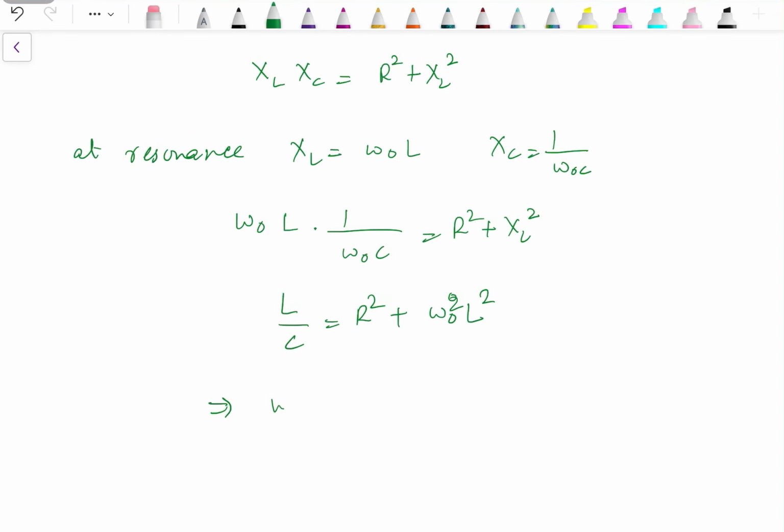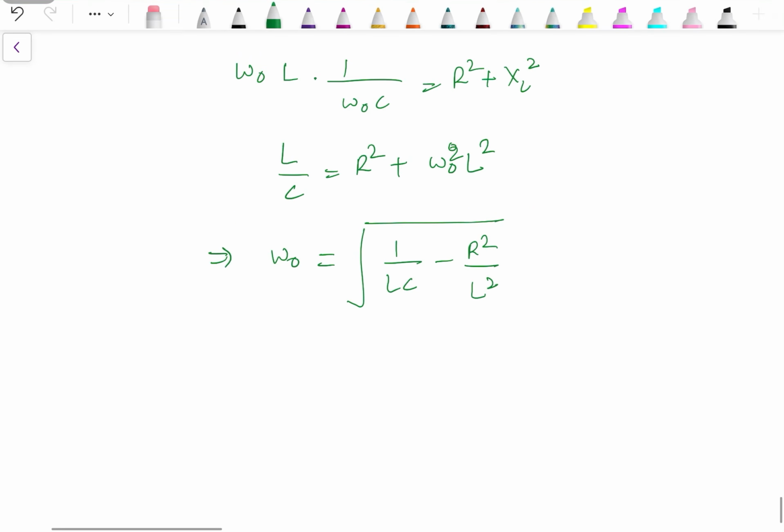So from here we will get the value of omega naught, that is the resonant frequency in case of parallel circuit. It will come out as root of 1 by LC minus R square upon L square, and if we want to write f naught, it will be 1 upon 2 pi root of 1 by LC minus R square upon L square.